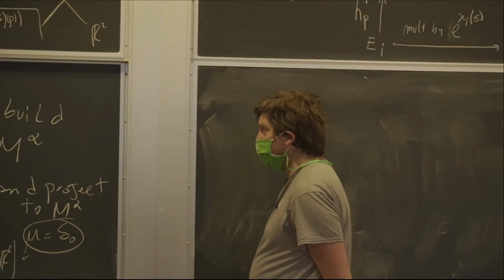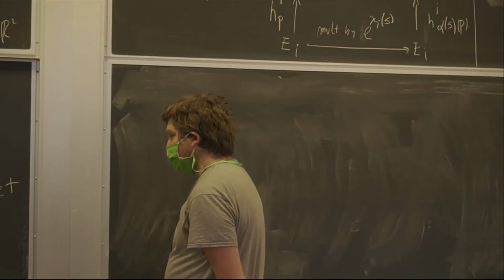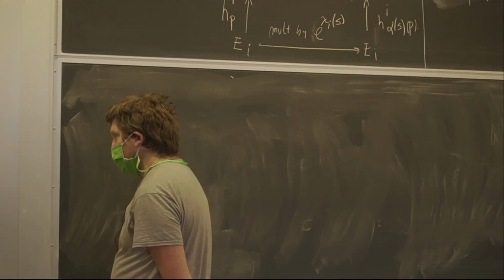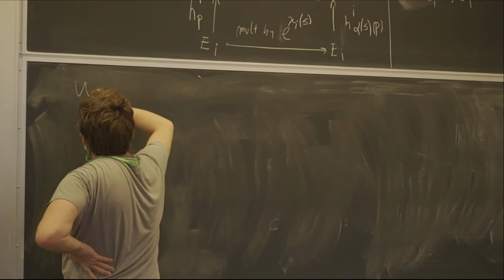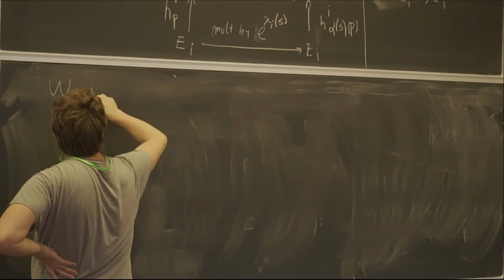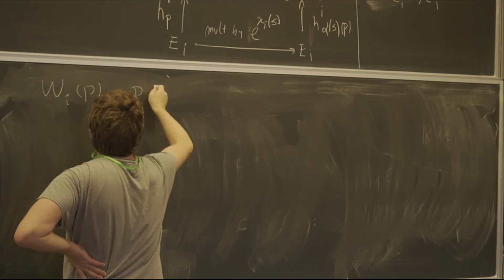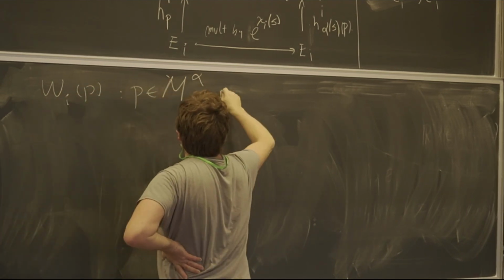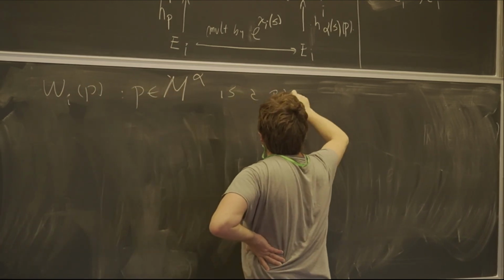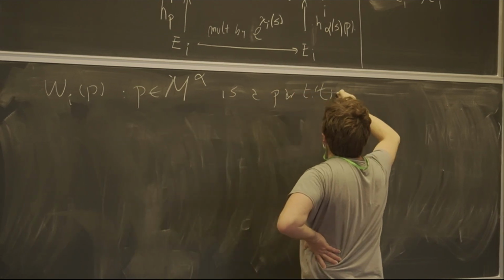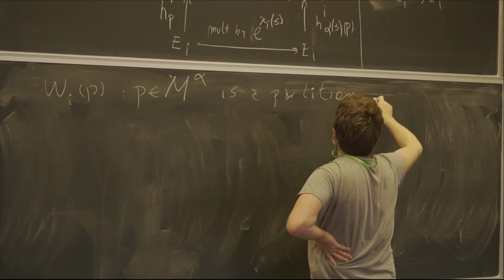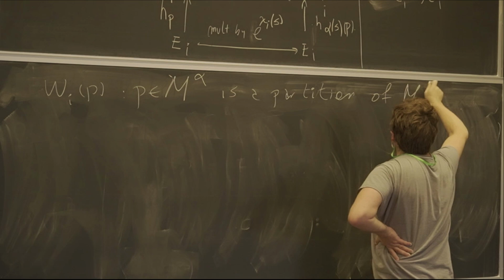Okay, we have this measure. Now we have this partition Wi of p in M alpha, a partition of M alpha.